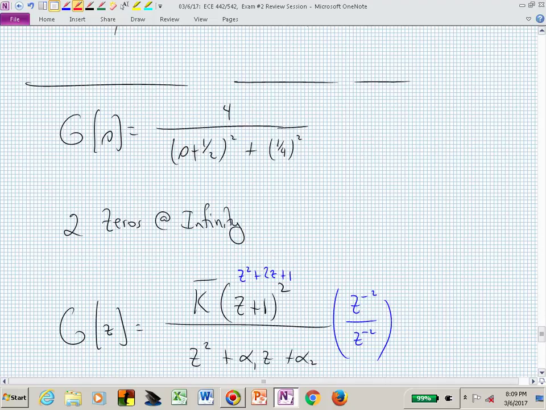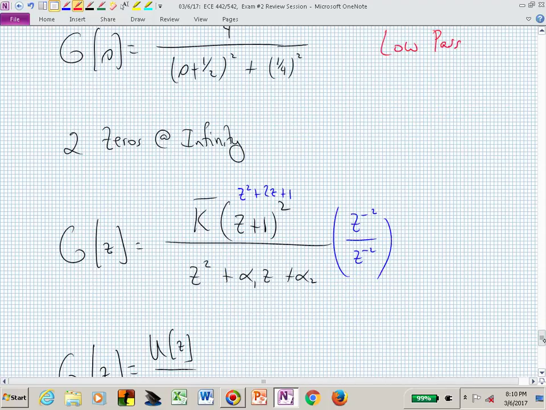And when I say that, you might just look at an extreme and say, what does s equals 0 give me? Well, that gives me a numerical value of 4 over 1/2 squared plus 1/4 squared. So this is low pass in nature. It's flat, and then it starts rolling off. So this is low pass. And you would match things at s equals 0 and G of z equal to 1.